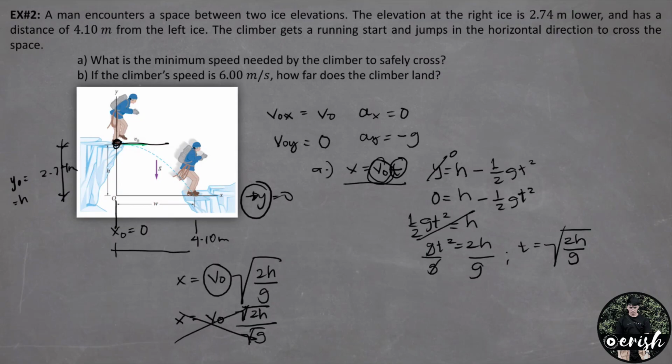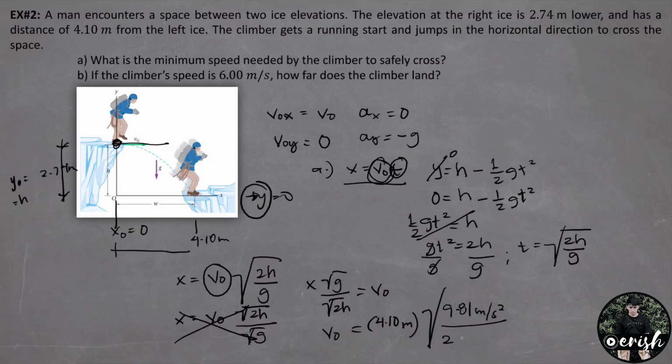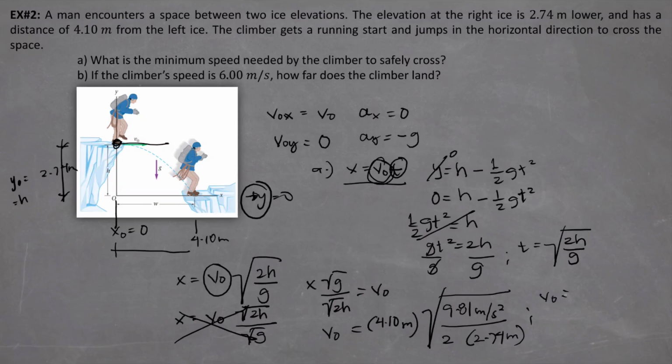Cross multiply, we have now x times the square root of the gravity over the square root of 2h equals v sub o. Solving for v sub o, our x is equal to 4.1 meters times the square root of the gravity 9.81 meters per second square over 2 times our height, 2.74 meters. Finally, by calculating, v sub o is equal to 5.49 meters per second.